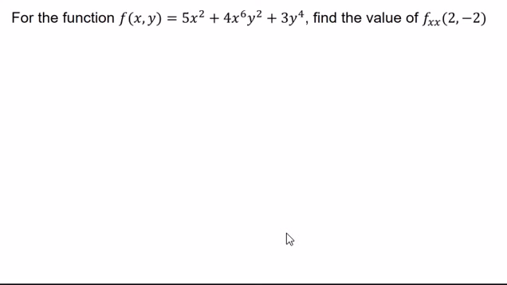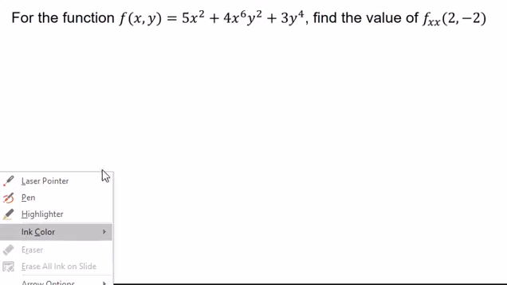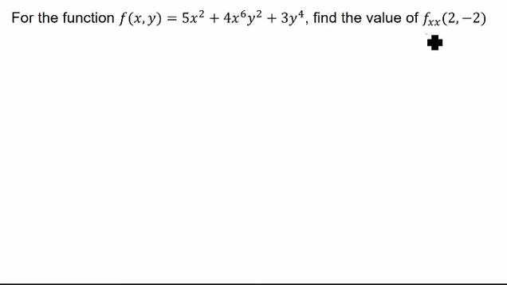So the notation here, f sub xx, is the partial derivative of f with respect to x, and then the partial derivative of the result obtained in the previous step with respect to x again. So we're differentiating this function with respect to x two times.